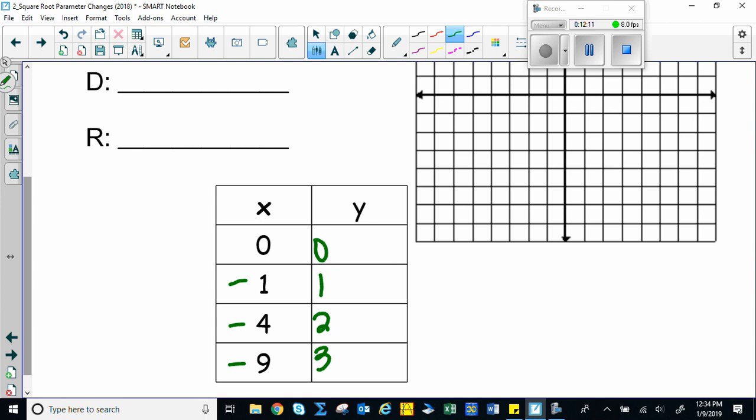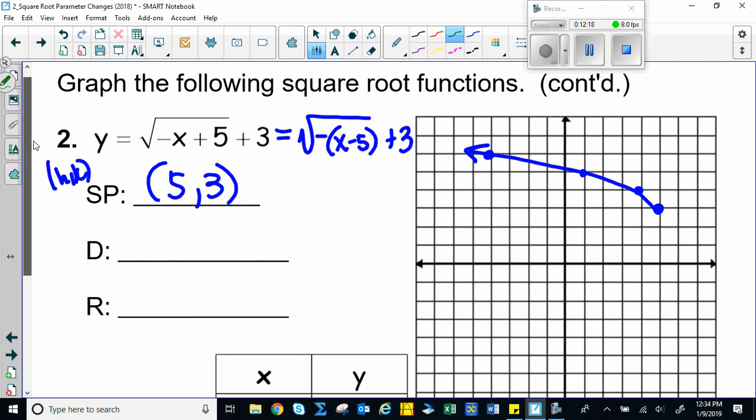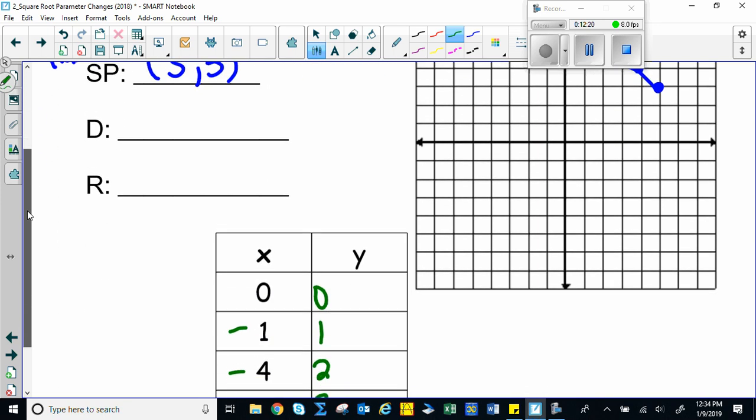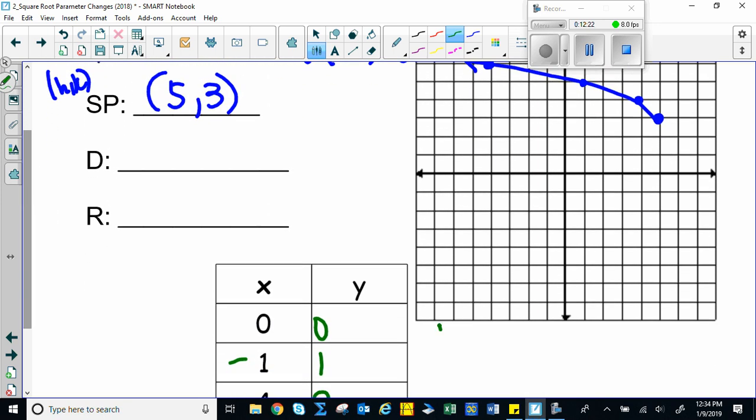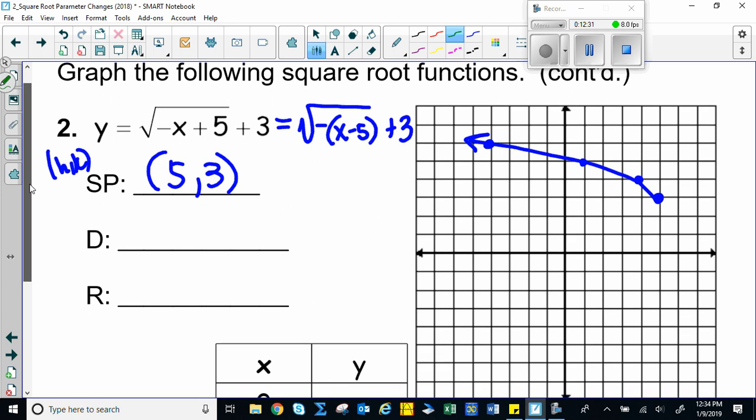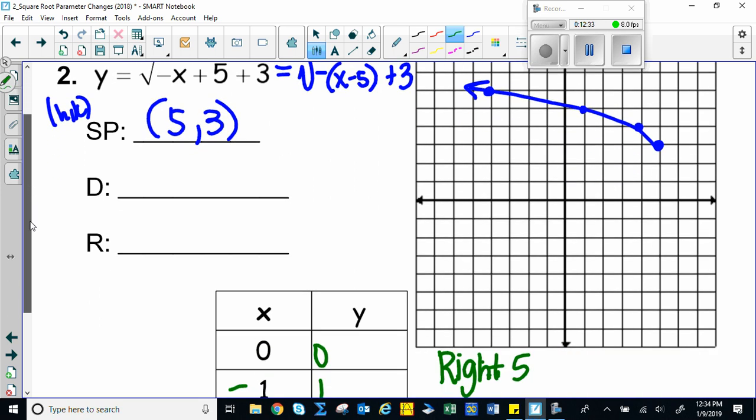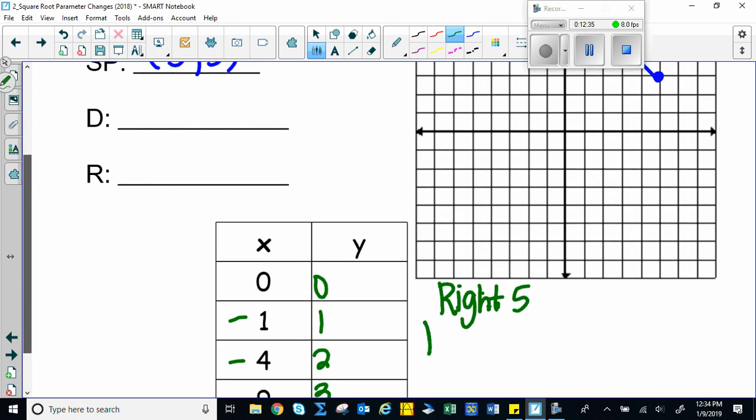If I described the transformation, what's the first thing that you would want to tell me about? The H value, which is right 5, right? So I'm going to say right 5. That's the first thing you would tell me. What's the second thing you would describe? The B value. So what is the B value doing to my graph? Horizontal reflection, or reflecting horizontally, either way.